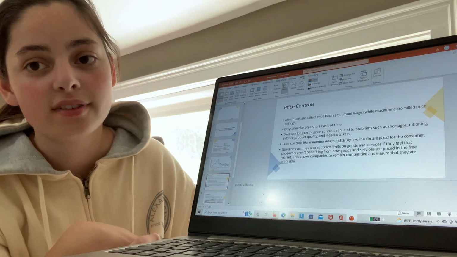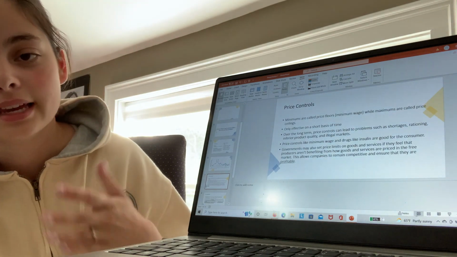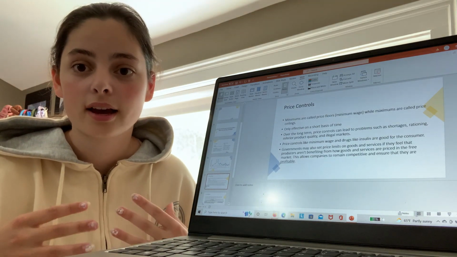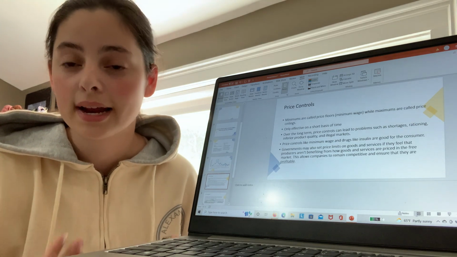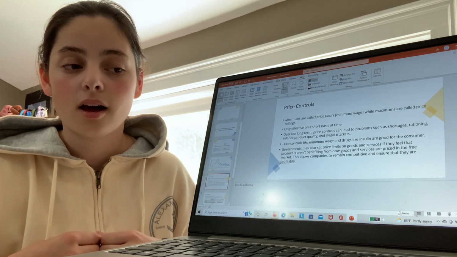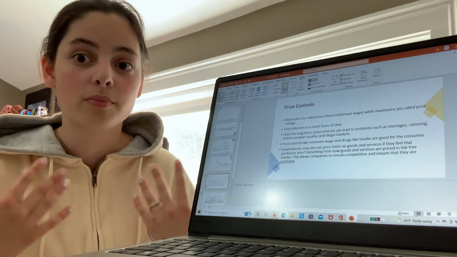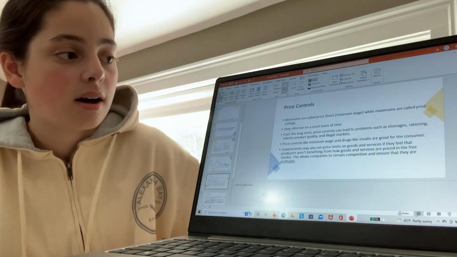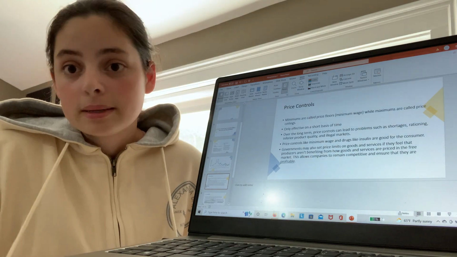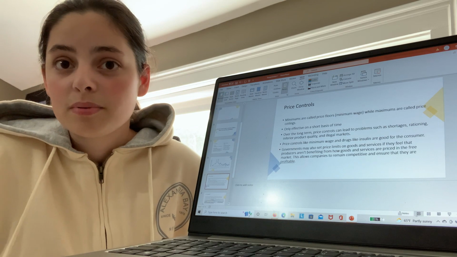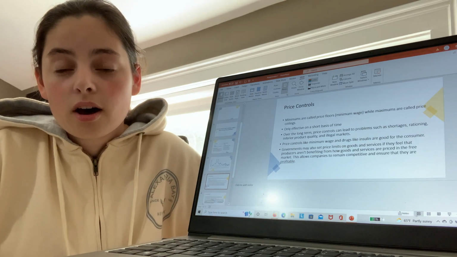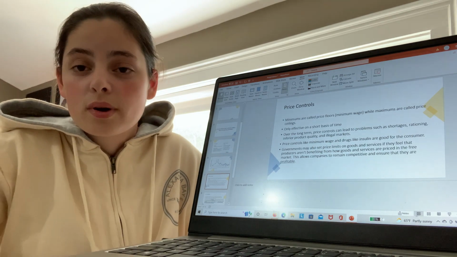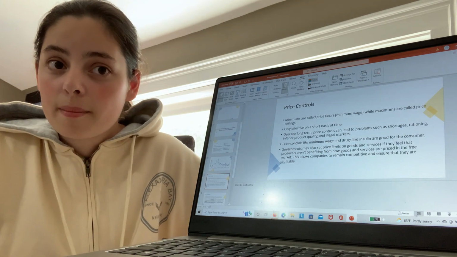So an example of a minimum price control is the minimum wage. And that is not imposed during a time of inflation or war. That's just a policy for the well-being of the whole country, because if there was no minimum wage, then most likely people would be exploited, and people would be working hours without getting paid the amount that they should.